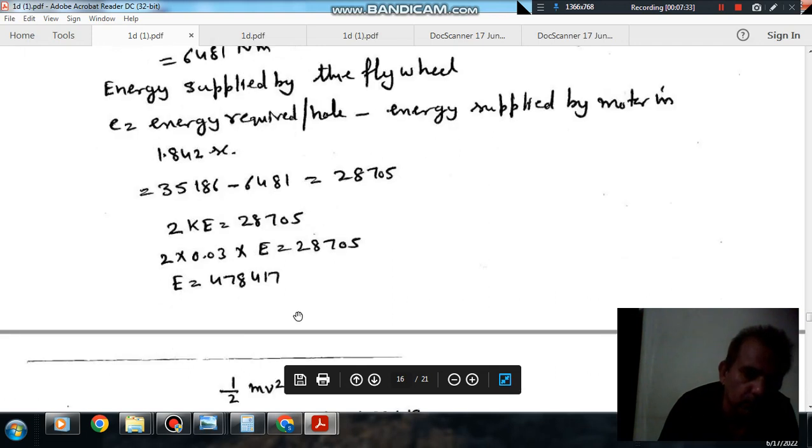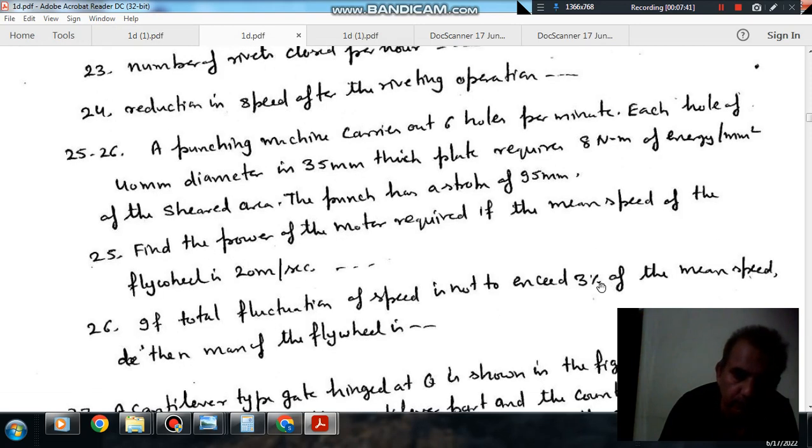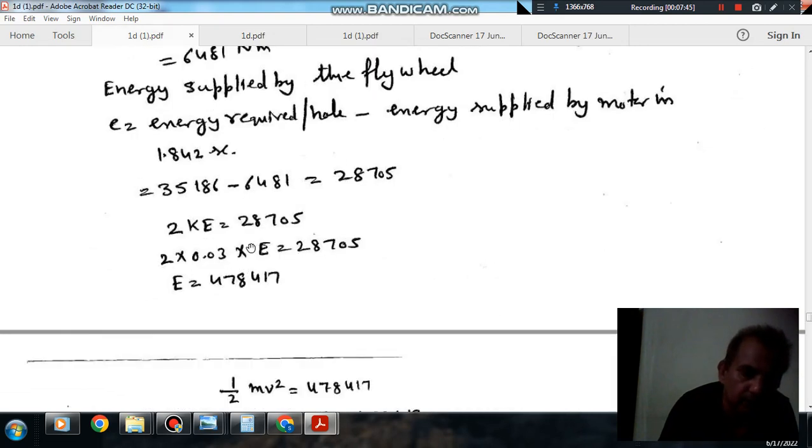Now from this, E comes out as 478,417. The fluctuation of speed is given as 3% of the mean speed, or 0.03, so we can directly use it.